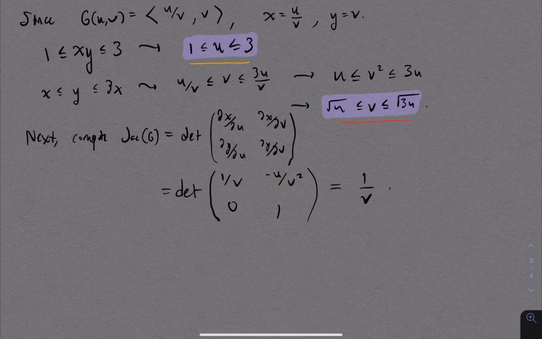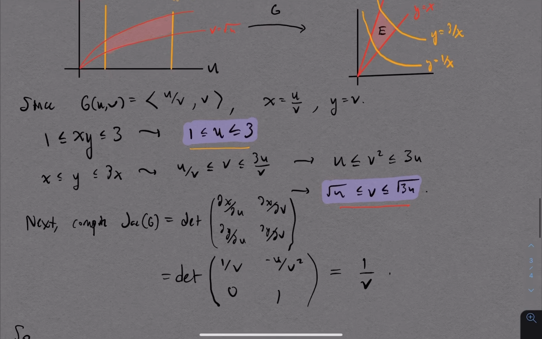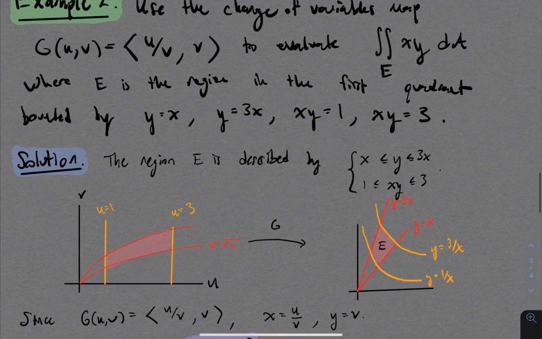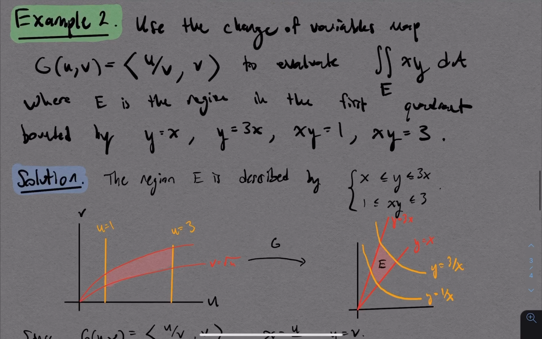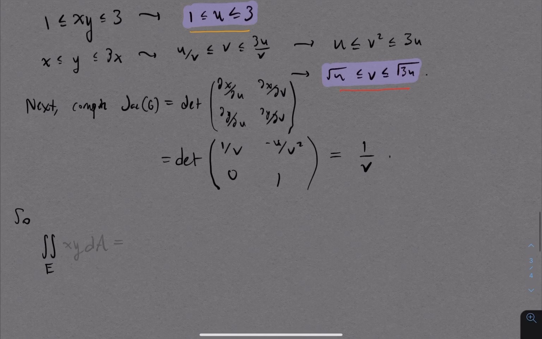Okay, so we have the changed region, we have the Jacobian. Now we're all set to use our change of variables formula to evaluate the original integral. So the original integral that we care about is the integral of x times y over this region. By the change of variables, we'll get the integral over the UV region. Now, looking at our bounds, u has constant bounds, v has variable bounds.